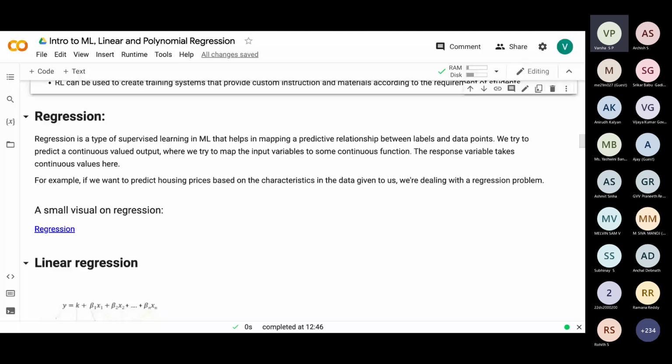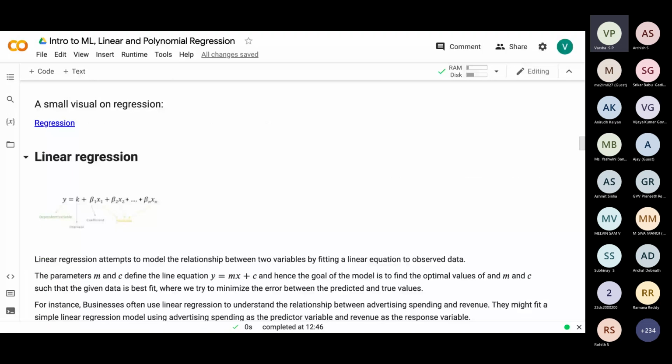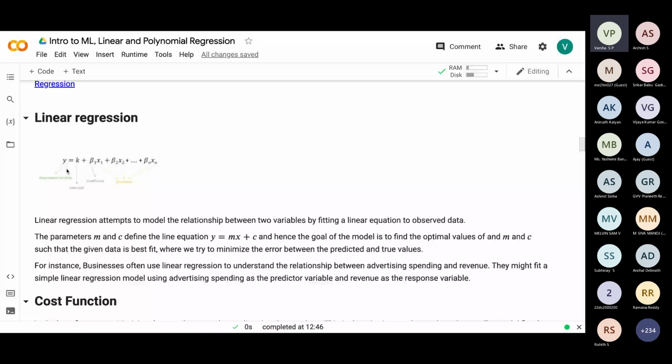So let's start with linear regression. As you can see in the equation here, y is the dependent variable, or the prediction. x1, x2 up to xn are called the independent variables, which can also be called the explanatory variables.